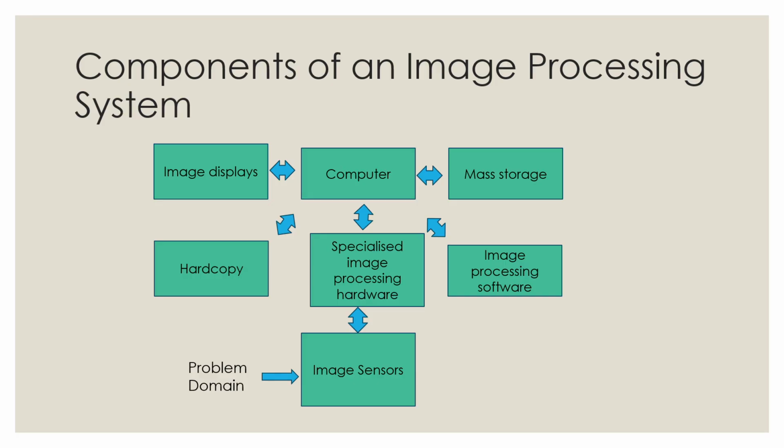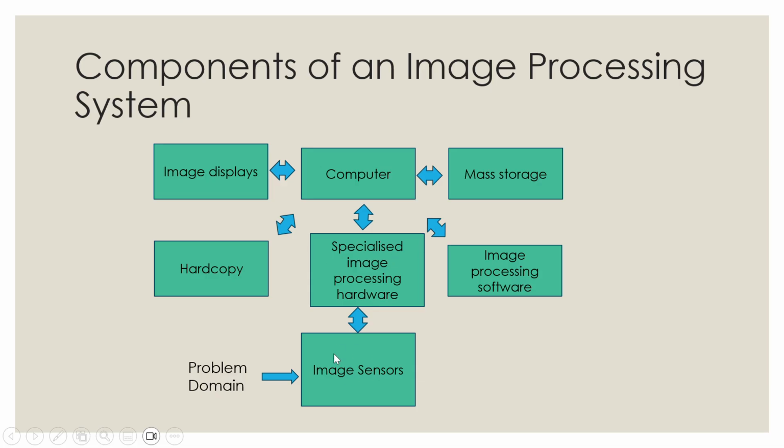Next is the specialized image processing hardware. This specialized image processing hardware is capable of handling these images. Images have a unique structure, so the specialized hardware will be capable enough to handle them. This is basically an array of sensors placed in the form of a matrix.